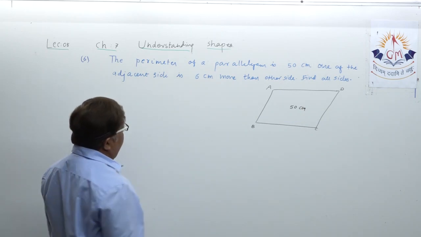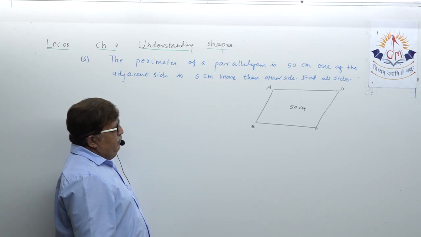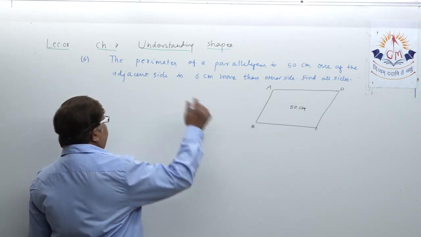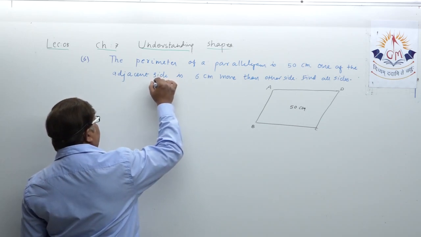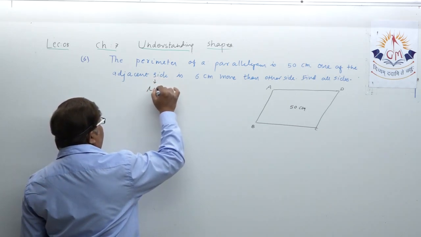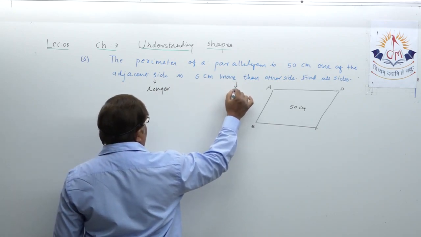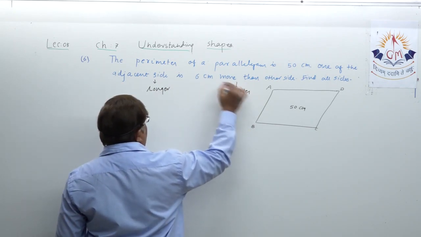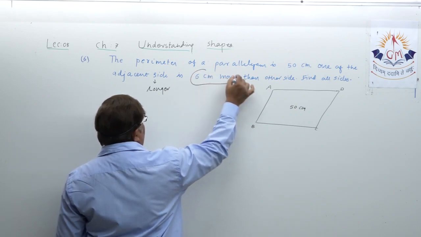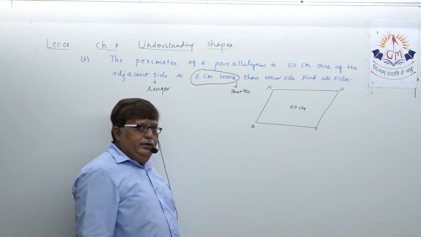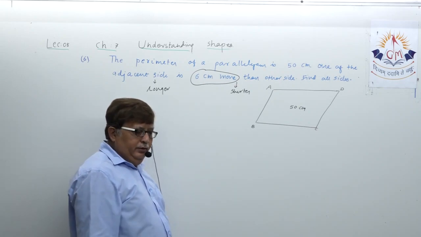Try to read. One of the adjacent side is 6 more than the other. One of the adjacent side, that means the longer side, is more than the other side, the shorter side. One is longer, 6 centimeter more than the shorter side.